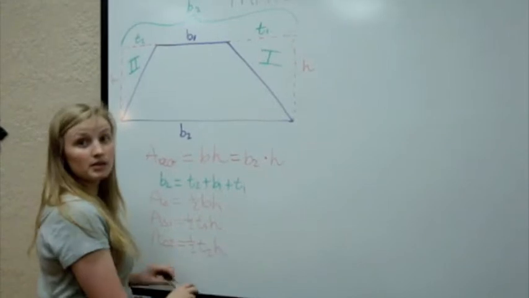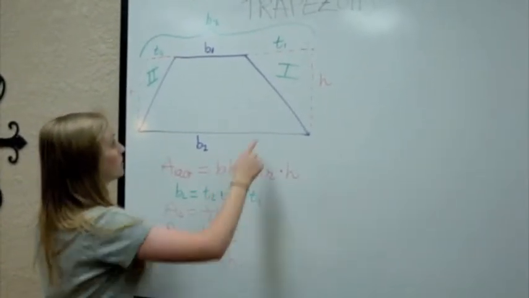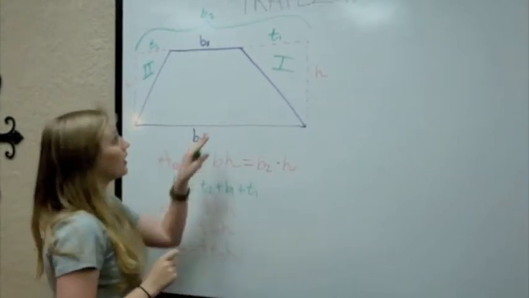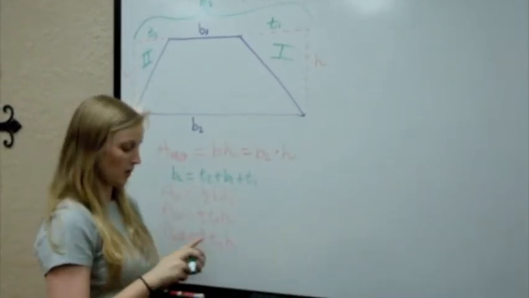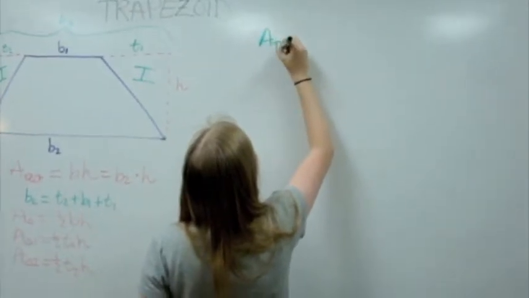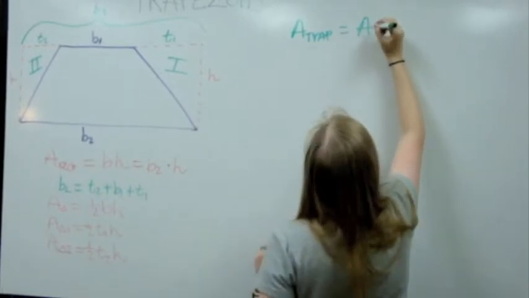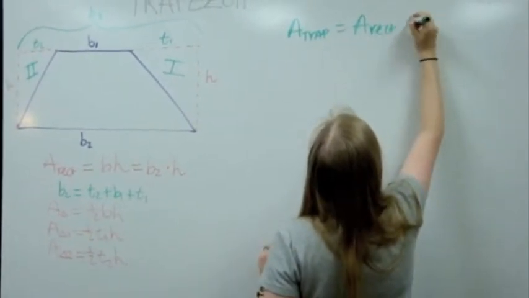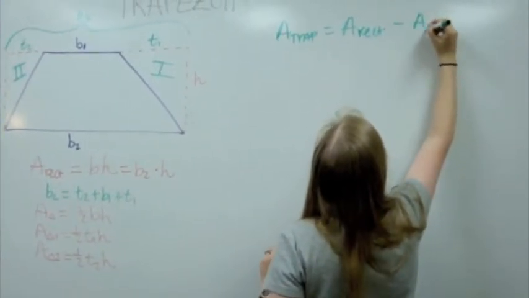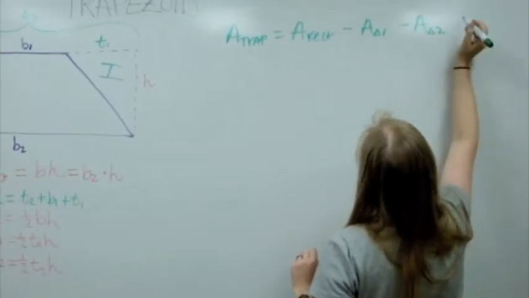So we can use this information that we've got from the area of the rectangle and the area of the two triangles, 1 and 2, to find the area of our trapezoid. And we said we could do that by taking the area of the rectangle minus the area of triangle 1 minus the area of triangle 2.